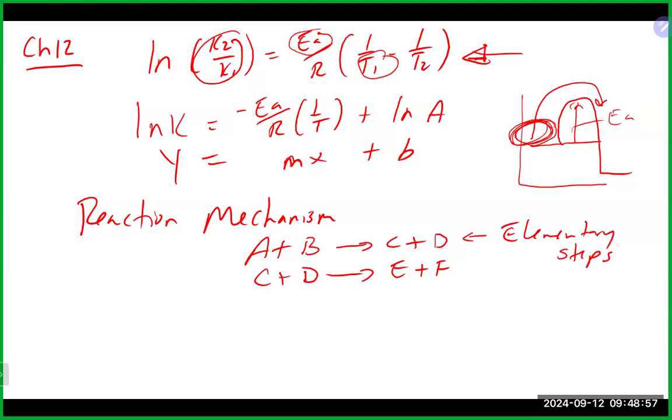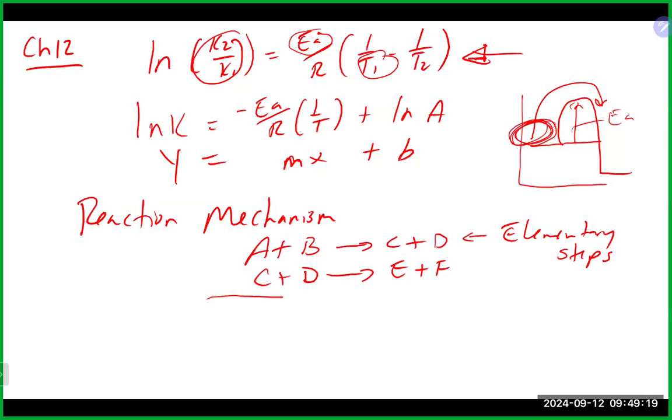A mechanism tries to explain how a reaction takes place, the steps that occur as the reaction is taking place. And remember that there are certain things a lot of times in a mechanism that are intermediates, and those are things that are made early on in the mechanism and then get used up by the time the reaction's over.